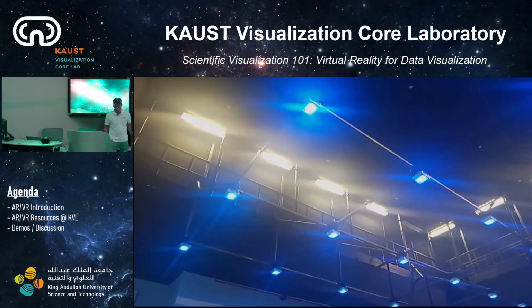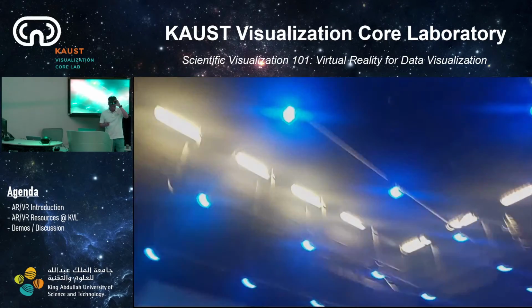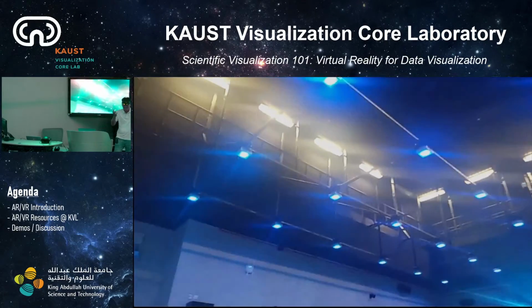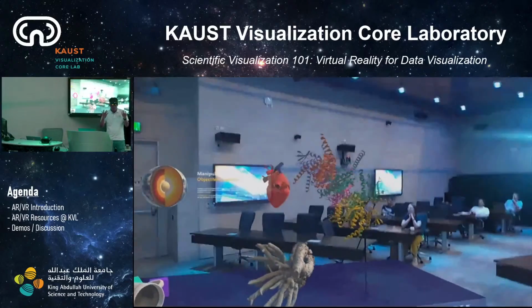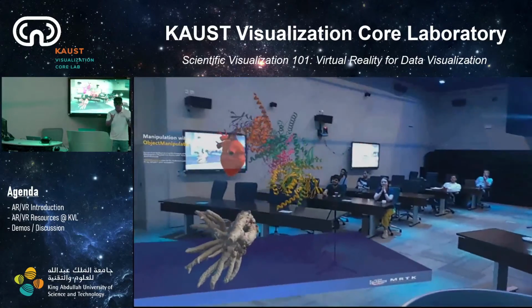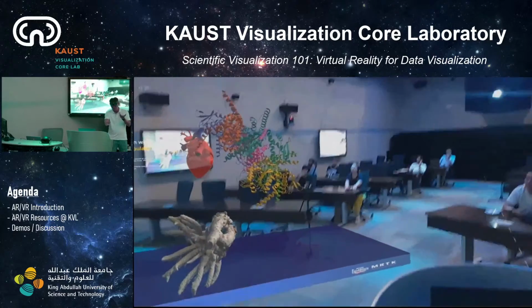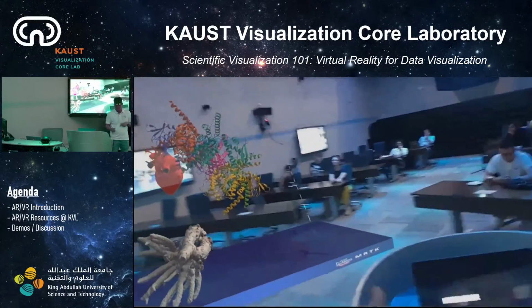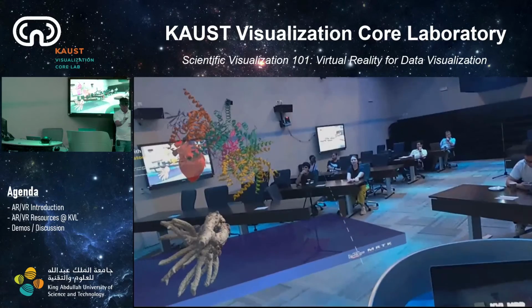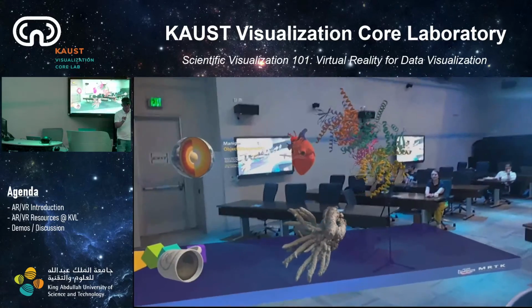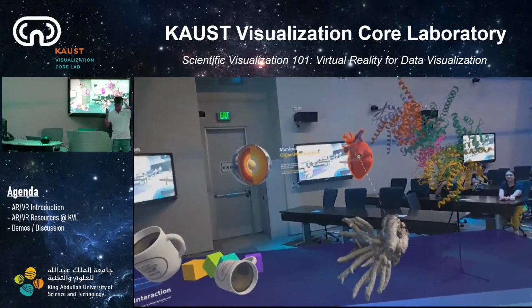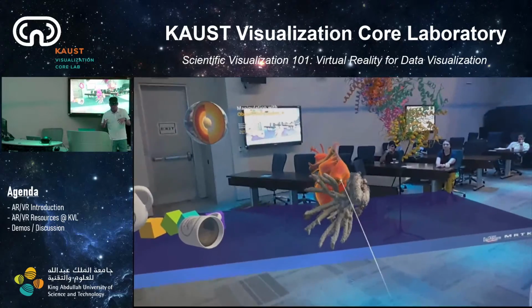No. So that's the thing, right? The HoloLens can only interact with virtual things. For you, I cannot grab your phone or do something with you. But this is the thing. It's bringing the virtual into the real world, right?